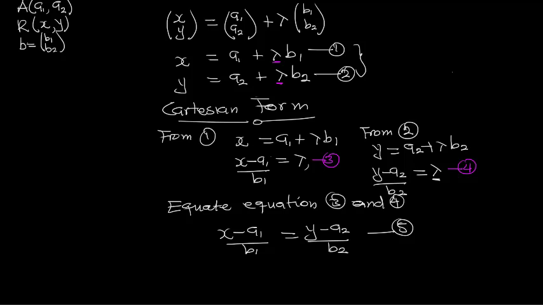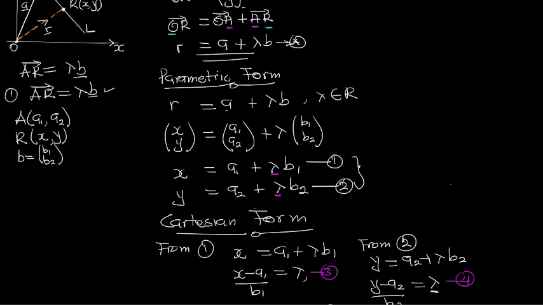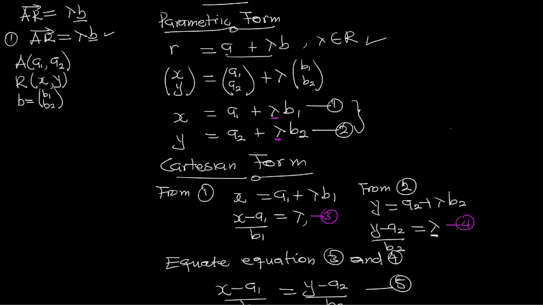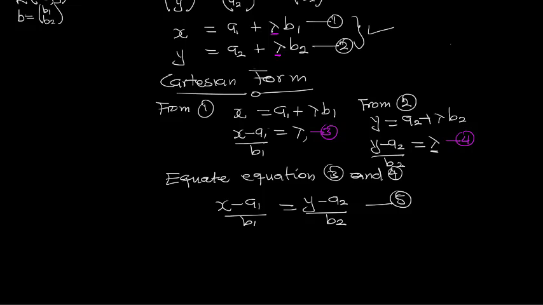Note that we have derived the vector equation for a line in 2D, and we have derived the parametric form, and in addition the Cartesian form of the vector equation of a line.